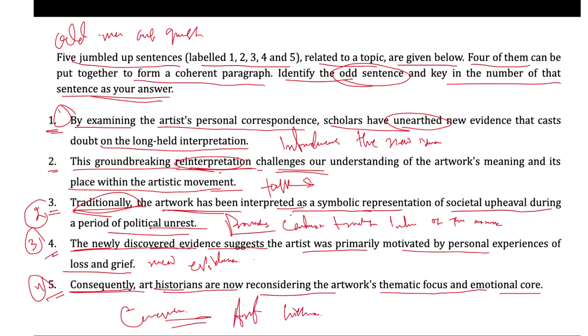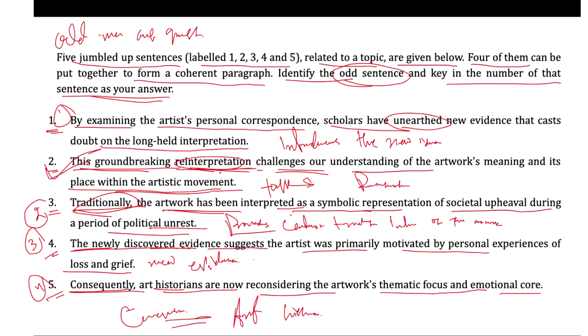Sentence two discusses that this groundbreaking reinterpretation challenges our understanding of the artwork's meaning and its place within the artistic movement. So, this discusses the broader implication of the reinterpretation, but can be removed without disrupting the flow of discovery, evidence, and reaction.